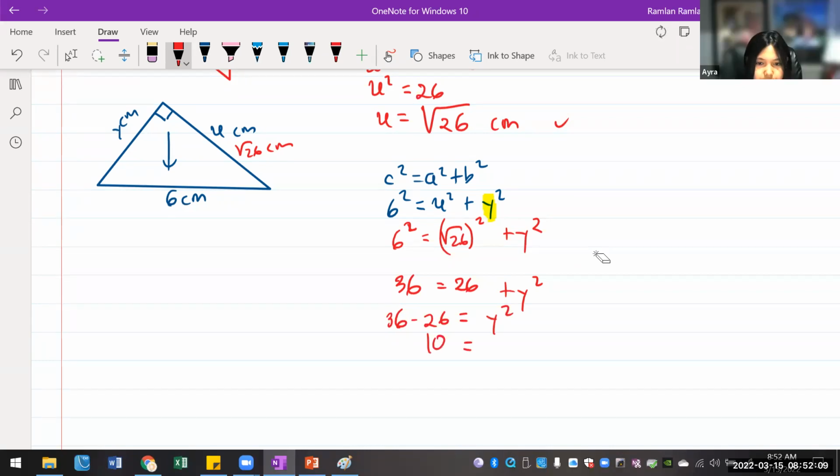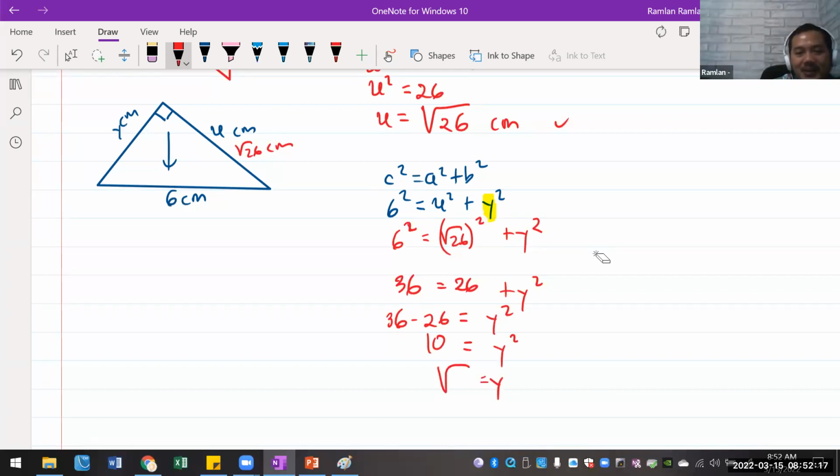Okay, no more squared. So just 10. So y equals to square root of 10. So that will be the final answer. You don't need to write down centimeter actually, guys, because in the question we have that as centimeter, so it's just y equals to square root of 10, and you can finalize the question in here.